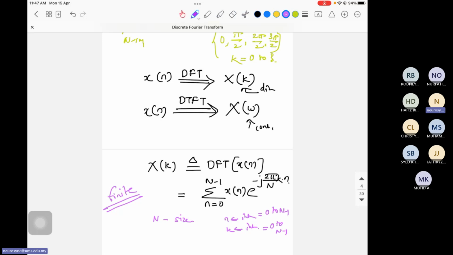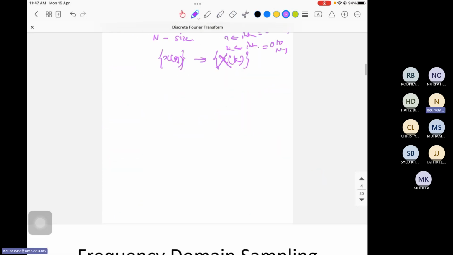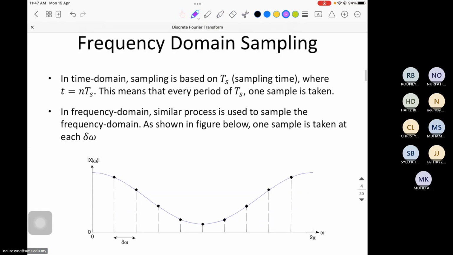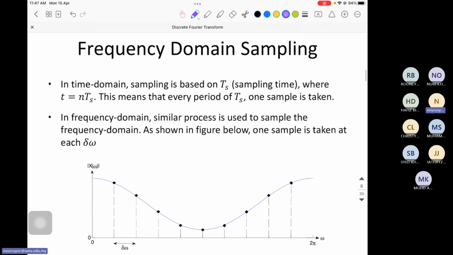So basically we are converting x of n into X of k. This is capital X of k, and this is small x of n. So this is the sampling.